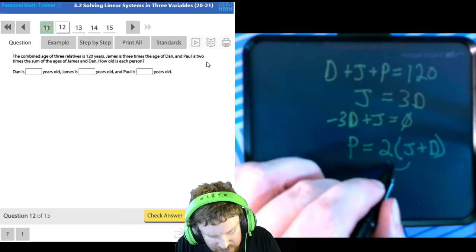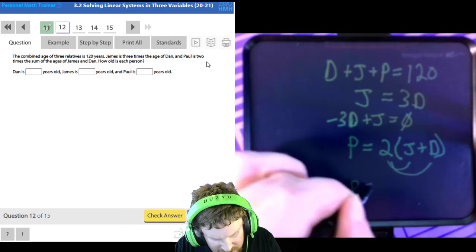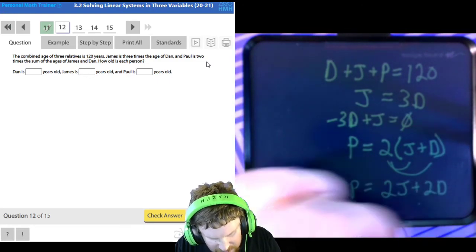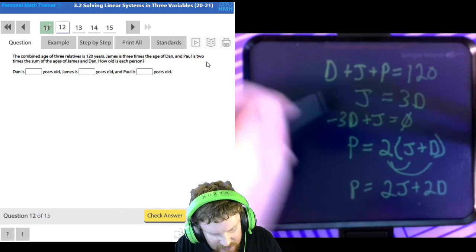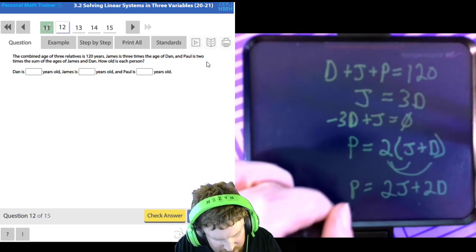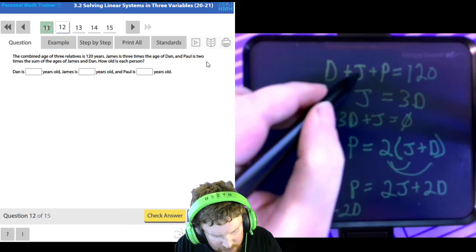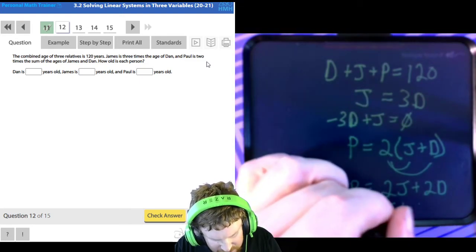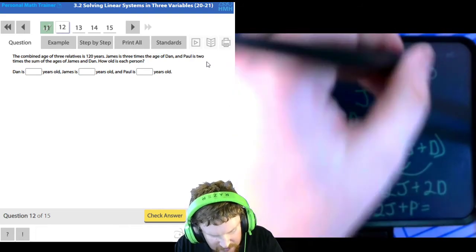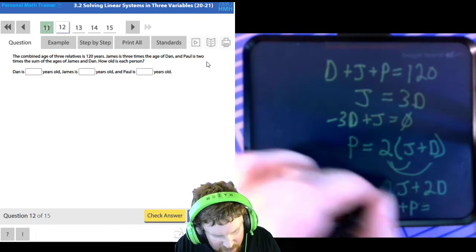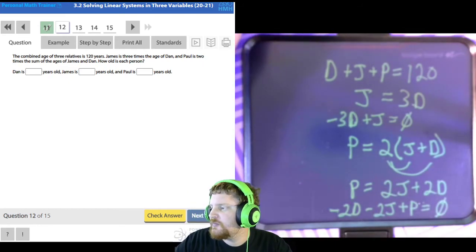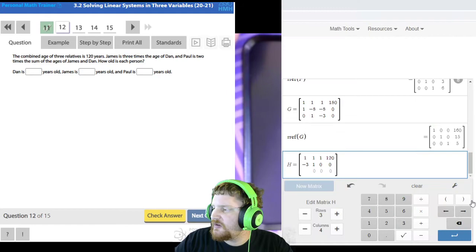So once again, distributive property, P equals 2J plus 2D, and if I move the J and the D over here, I want D first, so negative 2D. I want James second, so negative 2J. I want P last, so plus P. And if I move everything from the right over to the left, that leaves me with 0 on the right. This is our final equation.